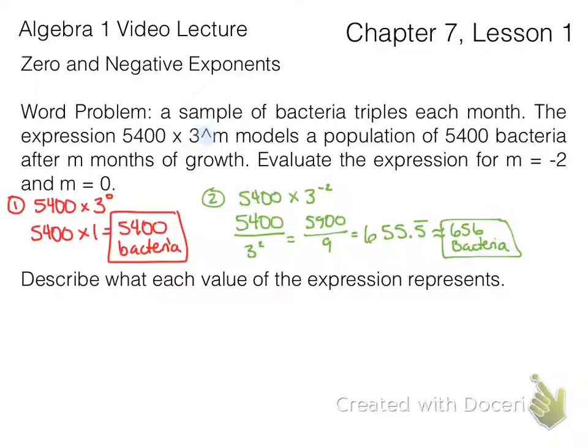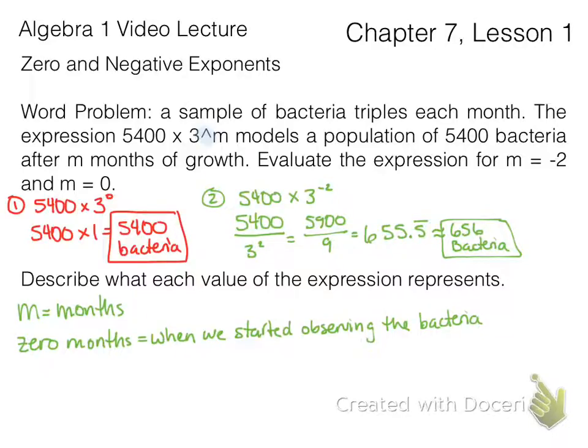But what does this whole 0 month, -2 month actually mean? Describe what each value of the expression represents. So if m equals months, the 0 month is when we start observing the bacteria. When you work in a lab, and especially a biology lab, you actually buy your bacteria.